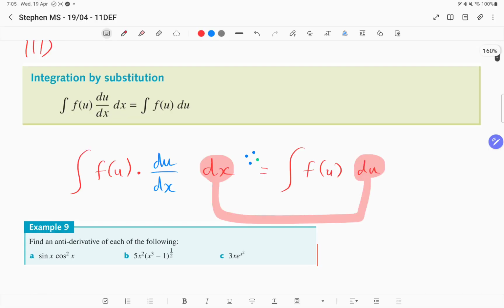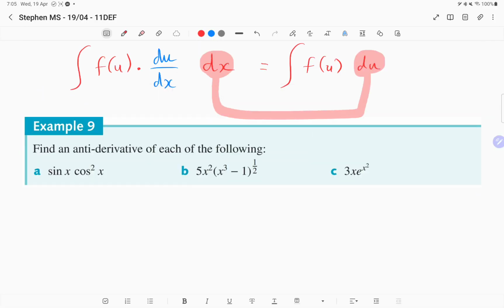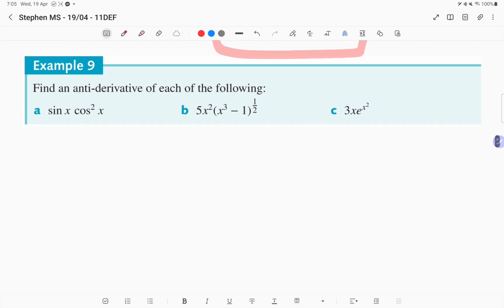Okay, let's have a look at example number 9. So the idea is that if you're trying to find, question A, if you're trying to antiderive sin x cos squared x, or I'll rewrite it as (cos x) squared, with respect to x, dx.